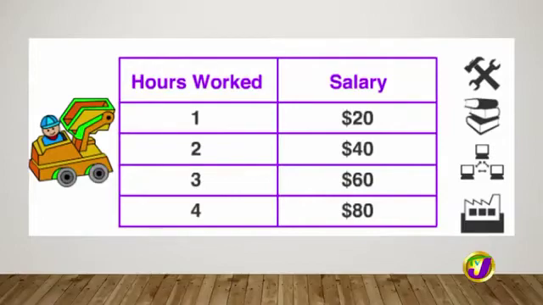As you can see, 1 hour is lined up with $20, 2 hours, $40, 3 hours, $60, 4 hours, $80. As the hours increase, the salary is also increasing. Therefore, you should know that this is direct proportion. As one part of the ratio increases, the other also increases.